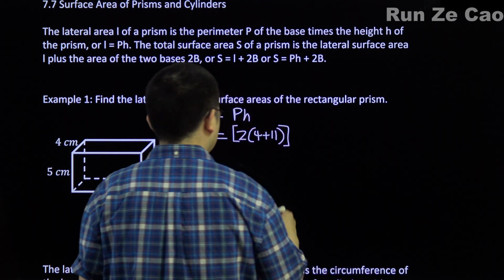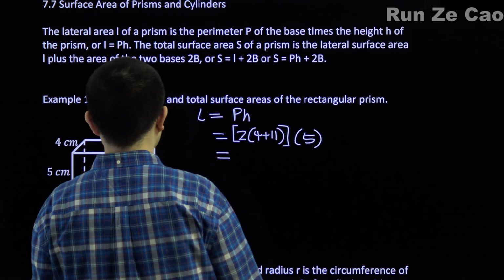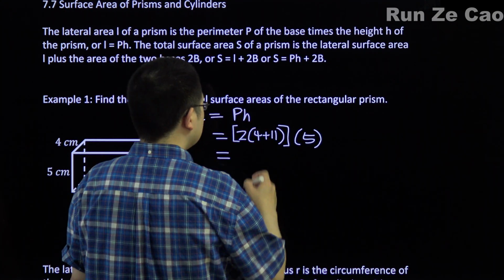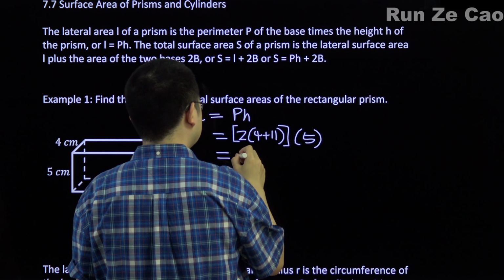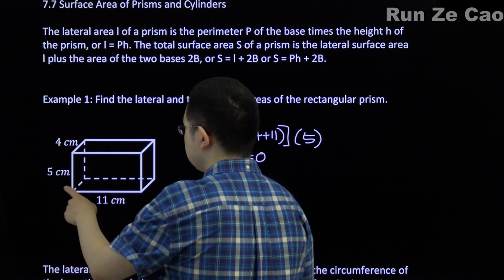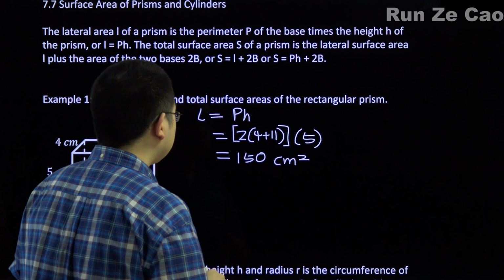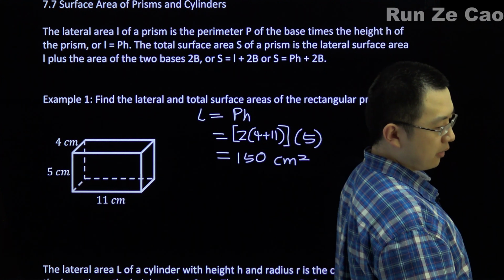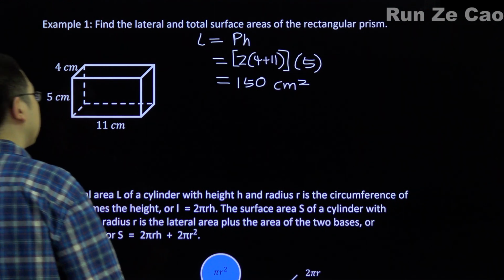And the height is 5. So, 2 times 4 plus 11 gives us 2 times 15, which is 30. So 30 times 5 is then 150. What's the units? Oh, these are all in centimeters, so it's in centimeters squared. That is the lateral surface area of this rectangular prism. Remember, the perimeter is 2 length plus 2 width, or 2 times, in brackets, length plus width.